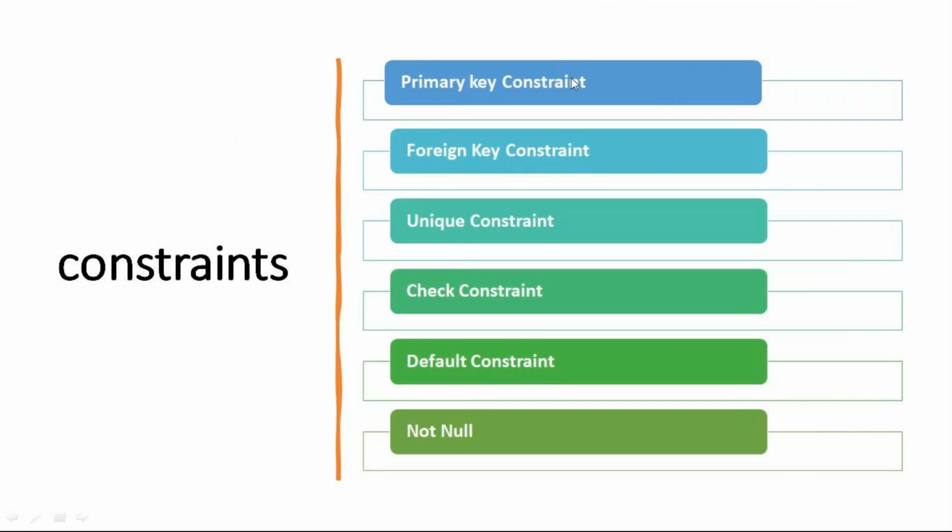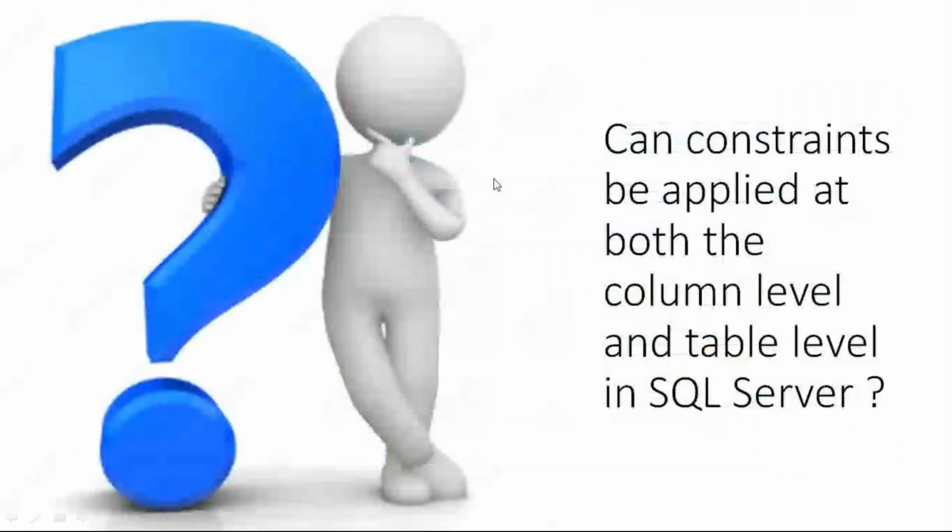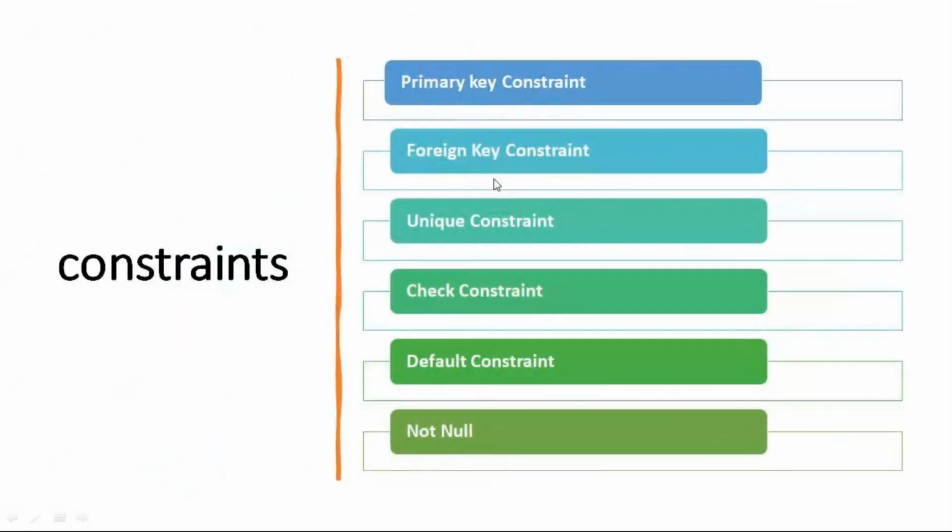See, primary key constraint. I think you might have heard about this primary key. So primary key is nothing but a key where we are going to have non-null values in that column and unique records.